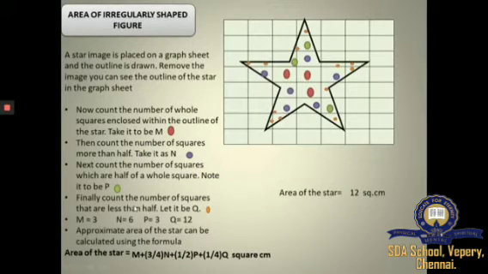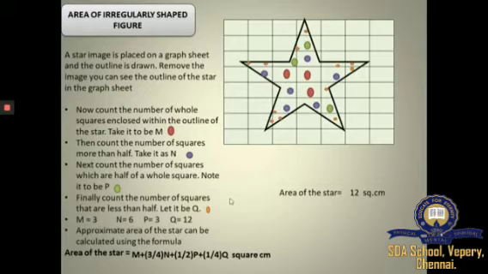Area of irregularly shaped figure. To find the area of an irregularly shaped figure, the following procedure has to be followed. Here the irregularly shaped figure is a star. A star image is placed on a graph sheet and the outline is drawn. Remove the image, and you can see the outline of the star on the graph sheet.